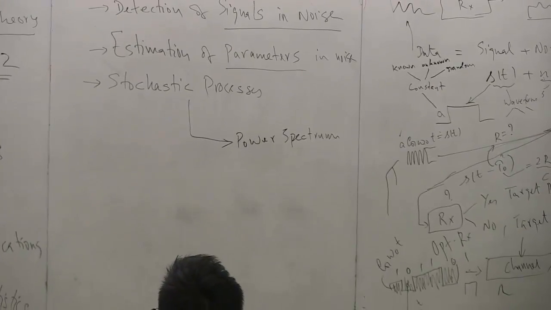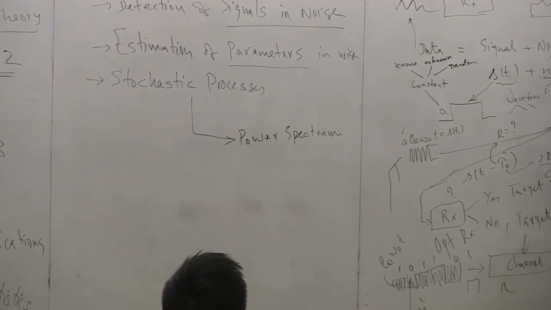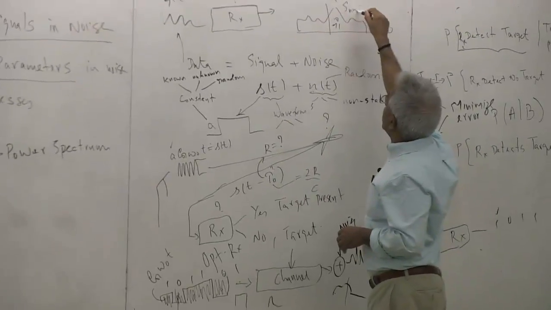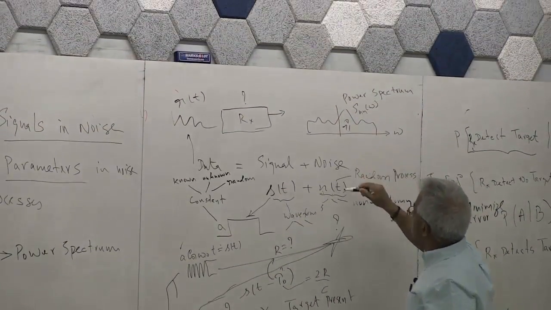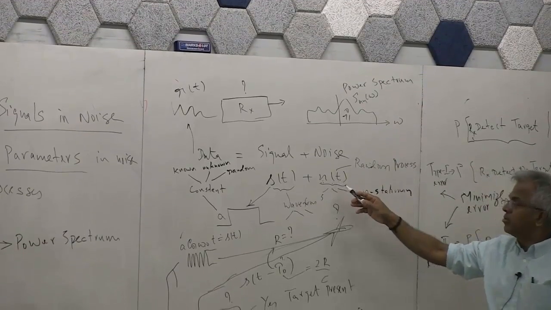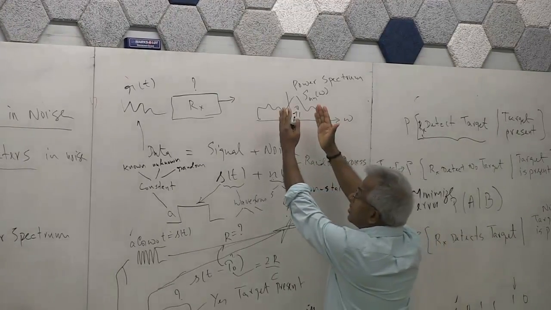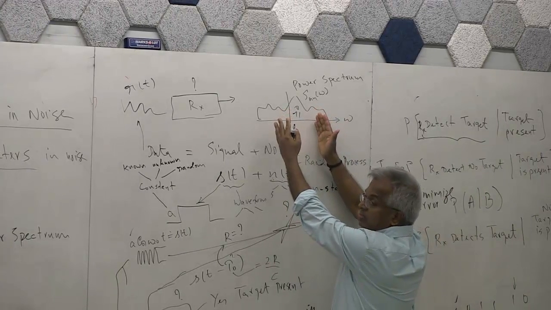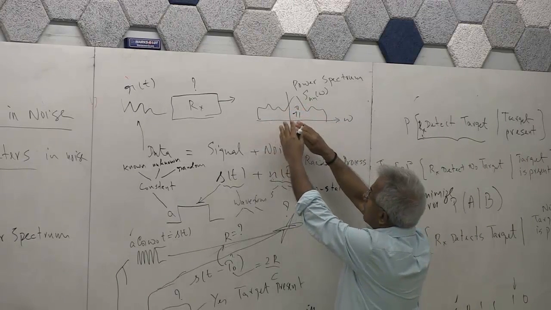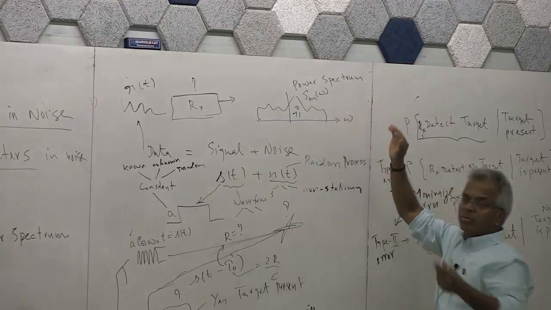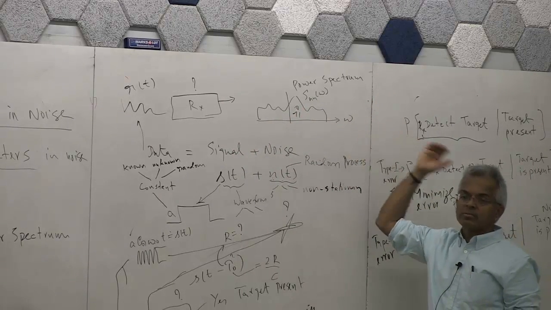So the power spectrum, of course, is a distribution of power versus frequency. You could have stochastic processes with power concentrated in one region, in which case we'll call it a low pass. Or you might have heard about white noise.